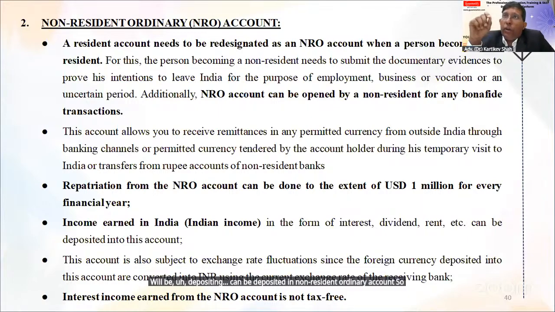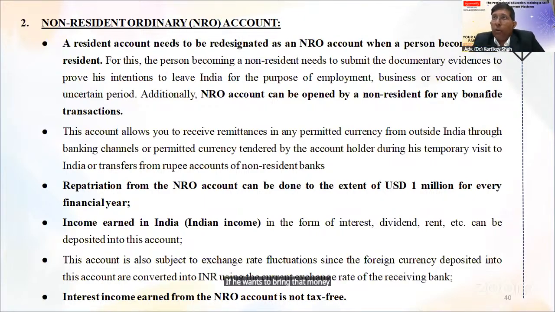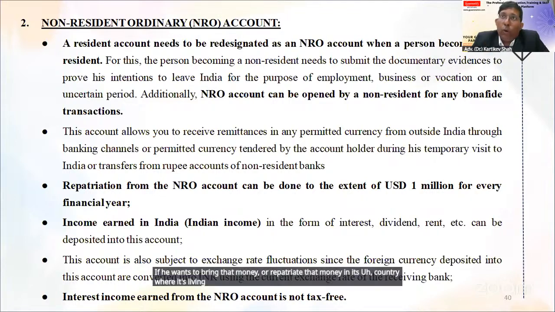So if any non-resident earns any Indian income in Indian rupees and wants to bring that money or repatriate that money to the country where he is living, for that he has to use the NRO account, because any Indian income in Indian rupees or cash deposit in Indian rupees can be deposited in a non-resident ordinary account only. I hope I am clear.